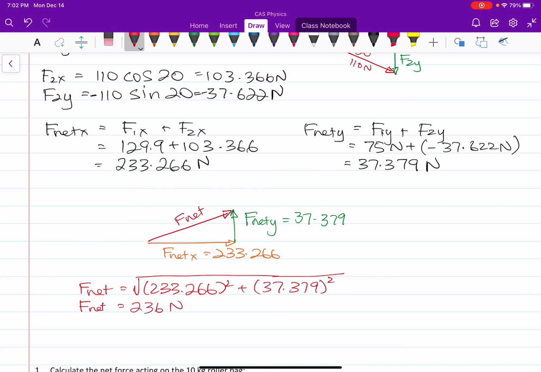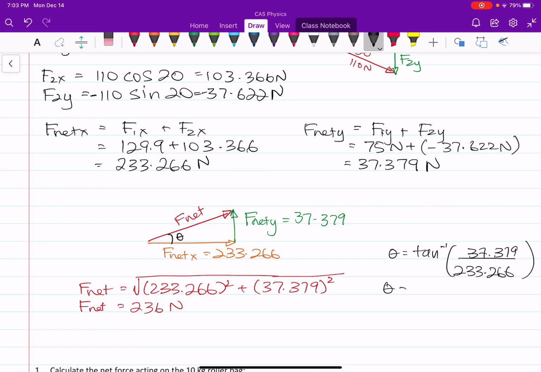But it's never enough just to put the magnitude. Remember, we always want the angle, and we find that by using tan inverse. So theta equals tan inverse of 37.379 over 233.266.